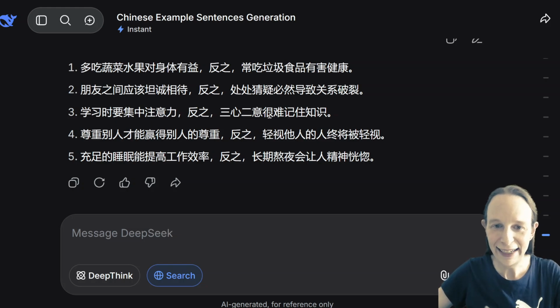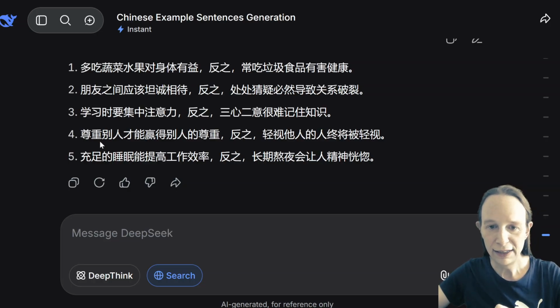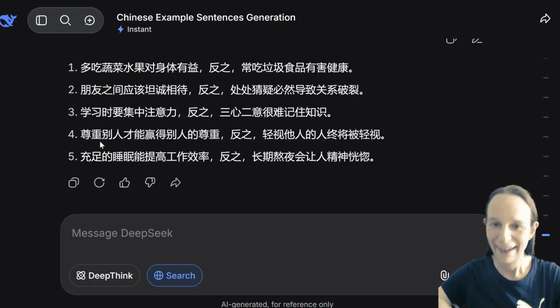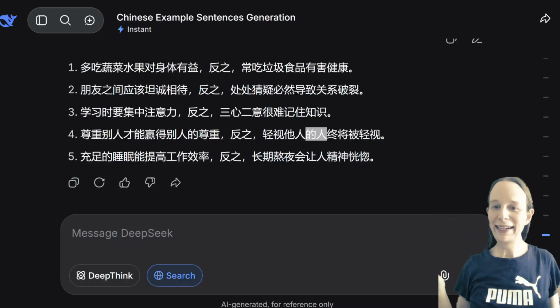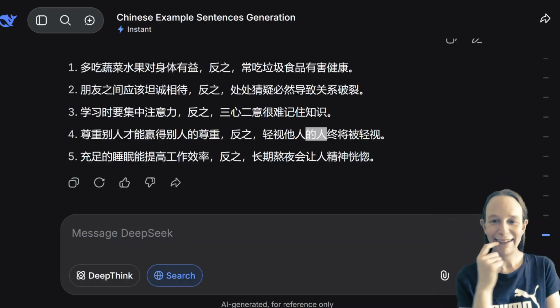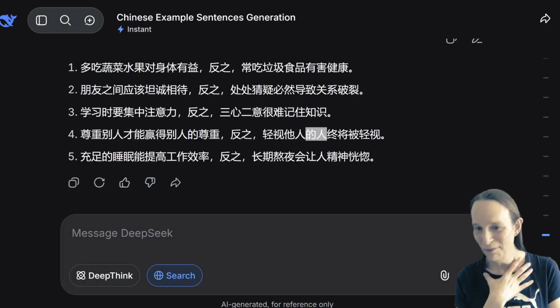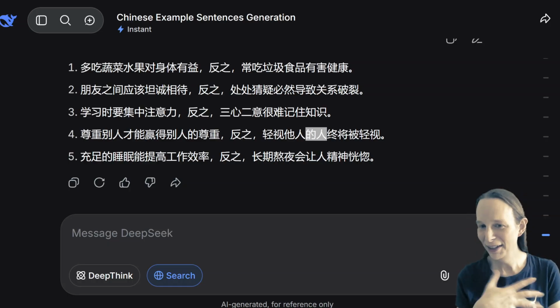三心二意，很难记住知识。尊重别人才能赢得别人的尊重，反之，轻视他人的人，终将被轻视. So sometimes 的人 can mean their person, right? Like 我的人, my person, not on my person kind of thing.